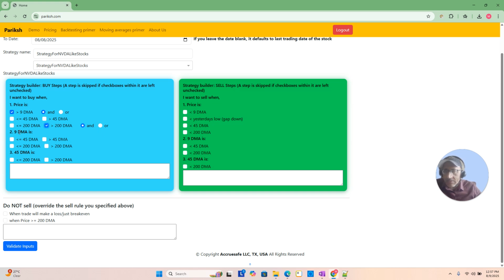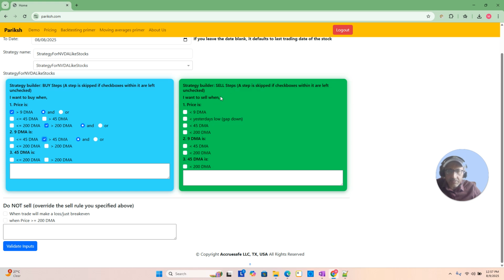Now the next is the 9-day moving average, which can be compared against a 45-day or 200-day moving average. So if the 9-day moving average is greater than the 45-day moving average, then that's part of my buy criteria. This third option, I will skip this for now. So we have defined the buy steps.